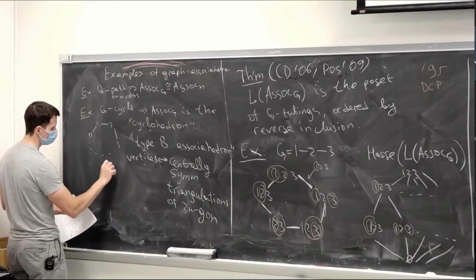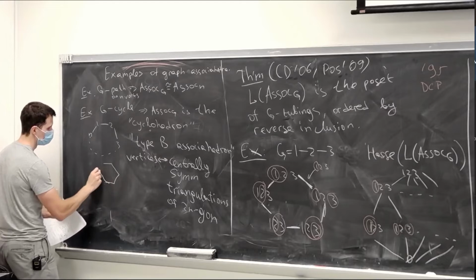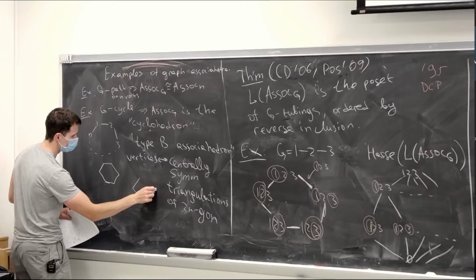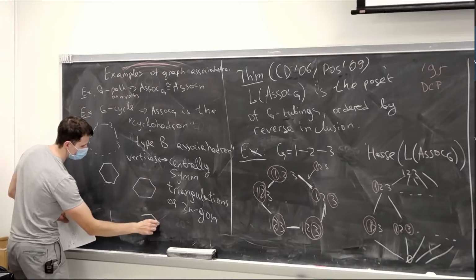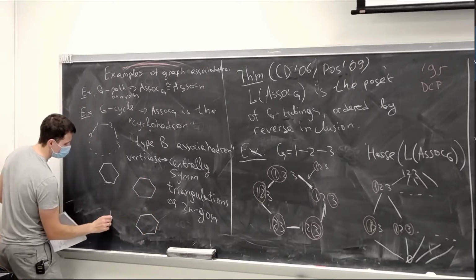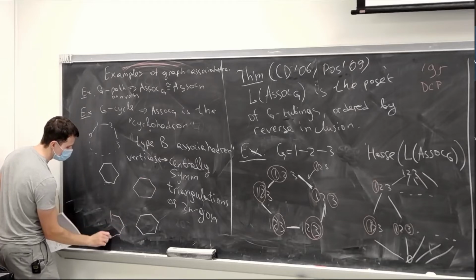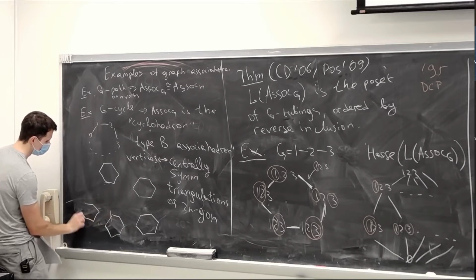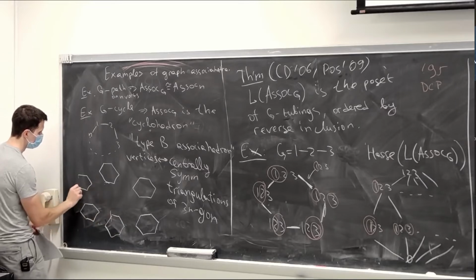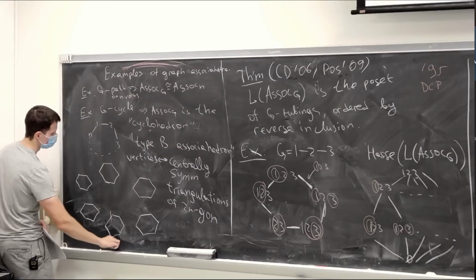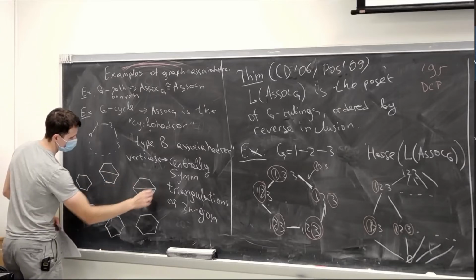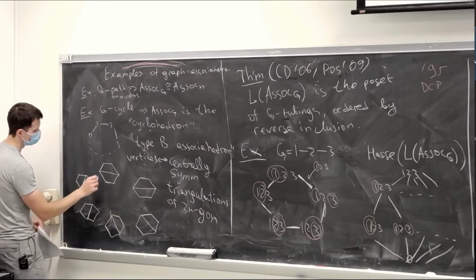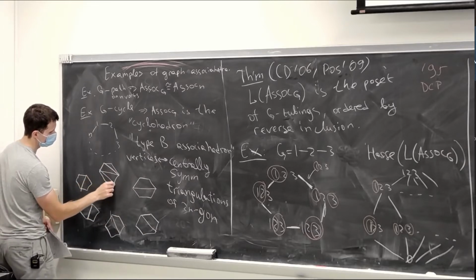Let's say I take the hexagon, and I want to try to draw the corresponding cyclohedron. For the usual associahedron, you just get triangulations. For the type B associahedron, you get triangulations which are centrally symmetric. There's always this one diagonal, which is like the diameter, and then the rest has to be centrally symmetric.